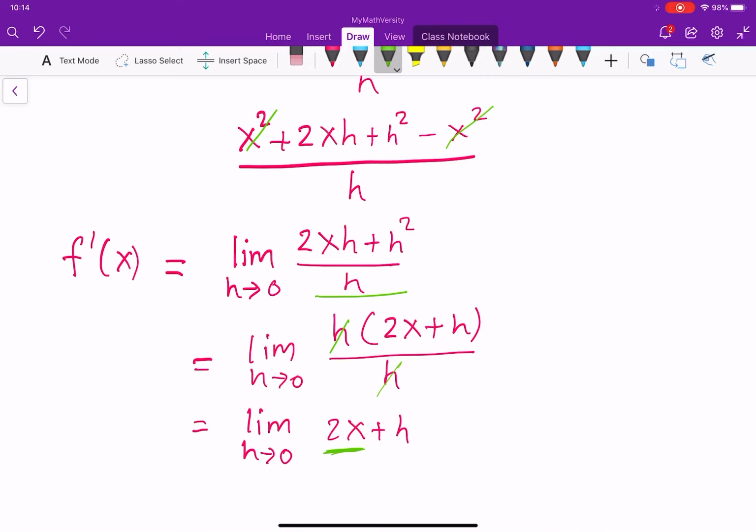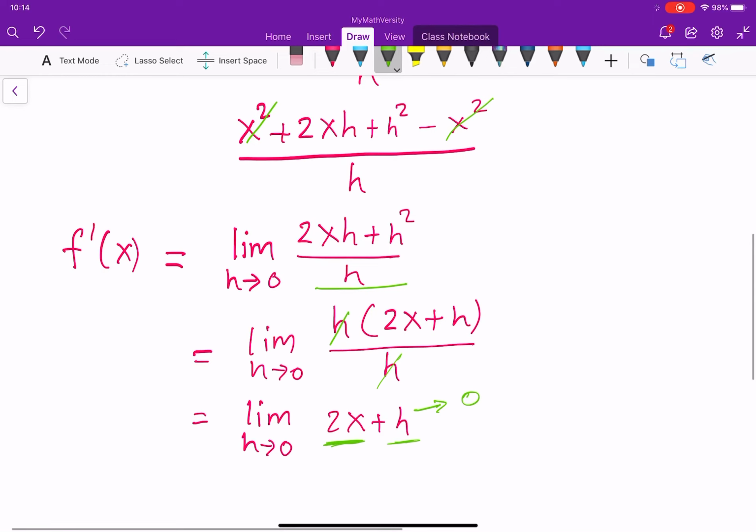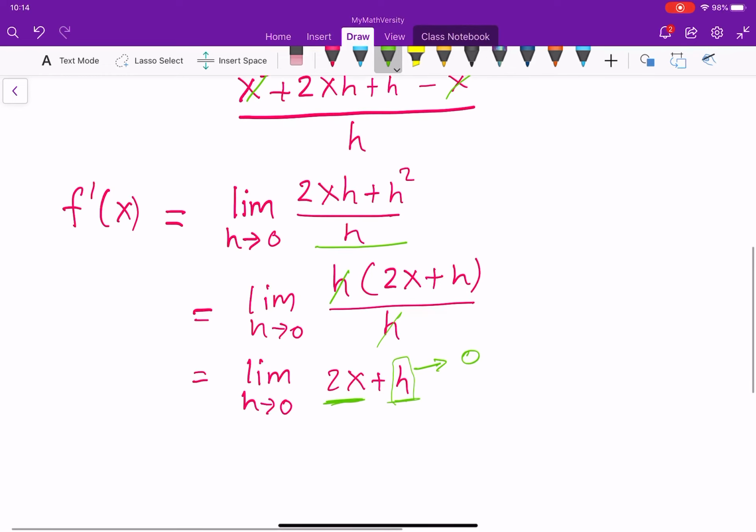There is no h term involved. So when h gets closer and closer to 0, 2x will always be 2x. It doesn't depend on what happens with h. But the second term will approach 0, right? So in that case we can just say that the limit of 2x plus h when h gets closer and closer to 0 is just 2x.